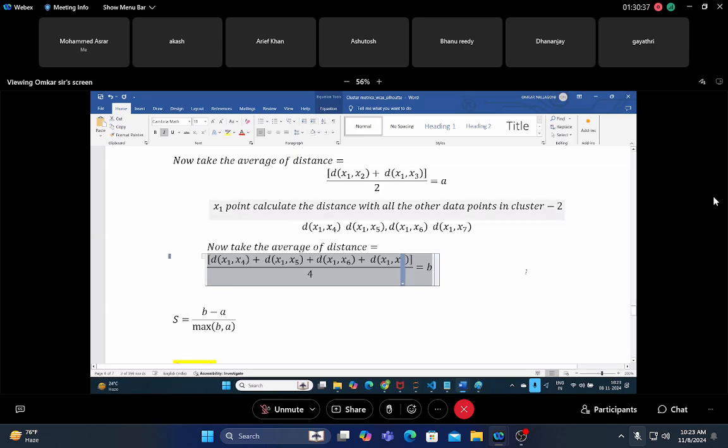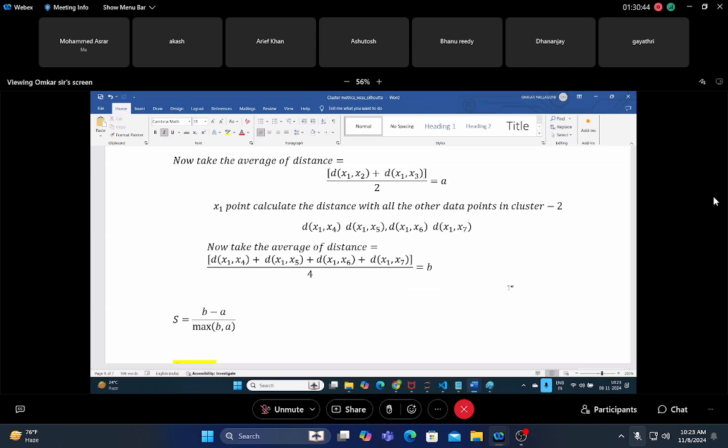The silhouette cluster matrix, students will always be confused, but you should not be confused now.